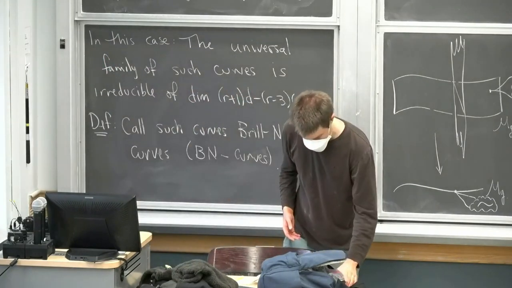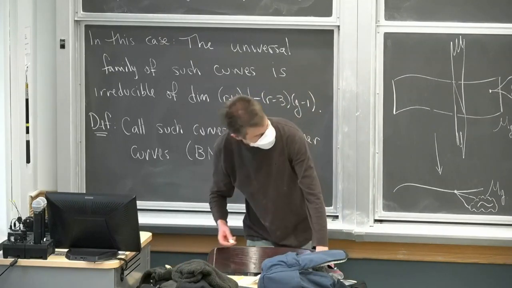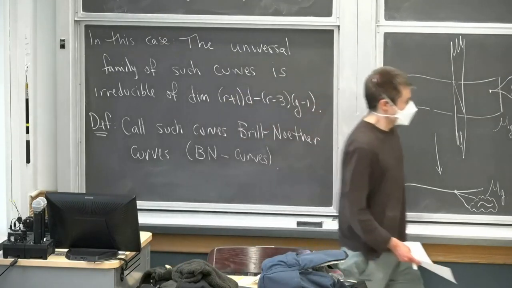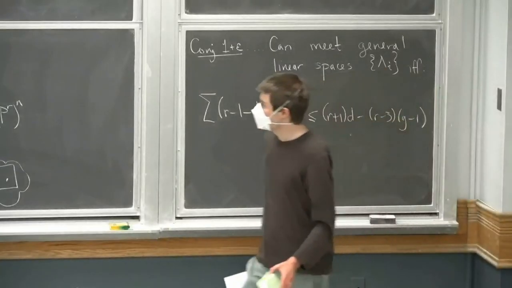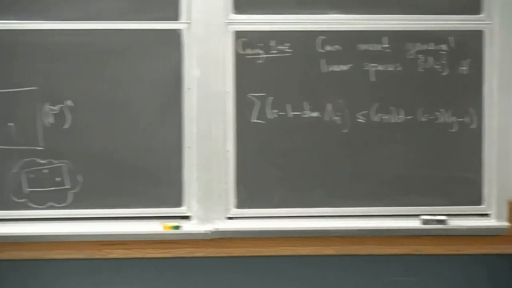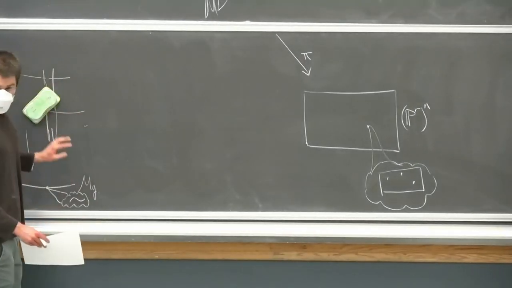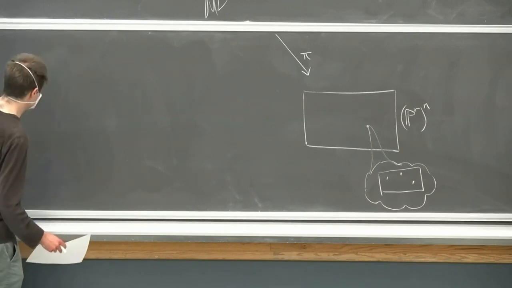Are there other questions? All right. So we have this beautiful conjecture, or beautiful pair of conjectures. And so the next thing to discuss is some counterexamples.